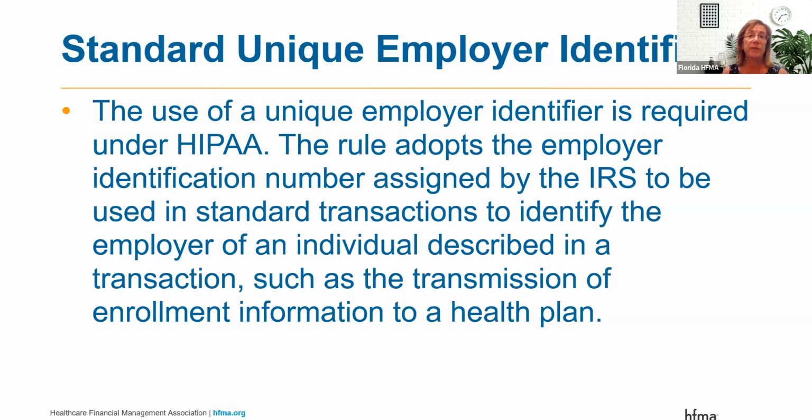So on May 31st, 2002, HHS released its final rule, Health Insurance Reform, Standard Unique Employer Identifier. The use of a unique employer identifier is required under HIPAA. The rule adopts the employer identification number assigned by the IRS to be used in standard transactions to identify the employer of an individual described in a transaction, such as the transmission of enrollment or disenrollment information to a health plan.